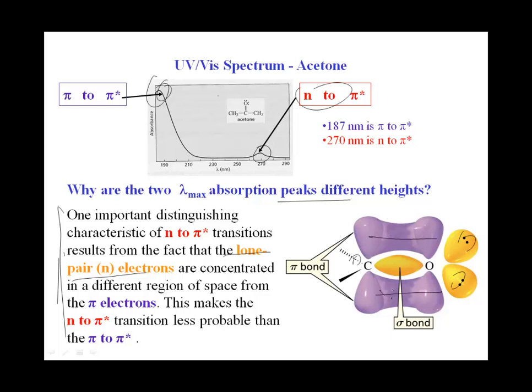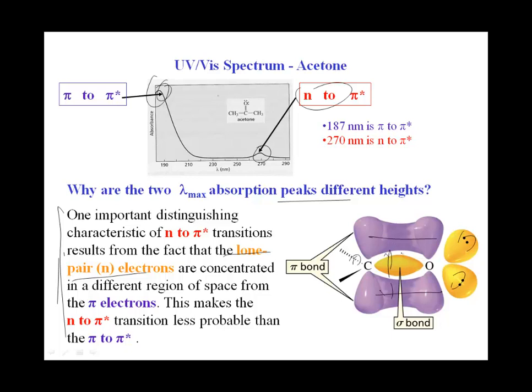And therefore, what you find when you work out transition probability theory is that this transition, pi to pi star, is more probable. It's more allowed. This comes, again, from the quantum mechanics involved, where you find that certain transitions are more allowed than others. And pi to pi star transitions are more allowed, and part of the reason is that they're in the same region of space.